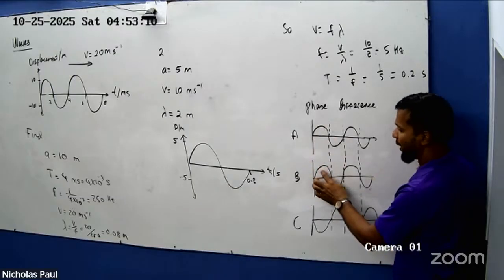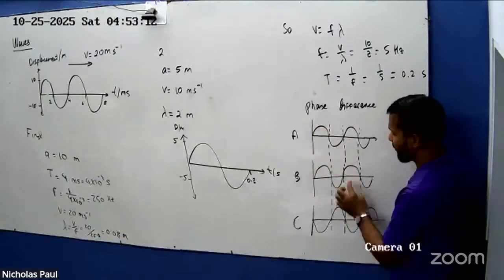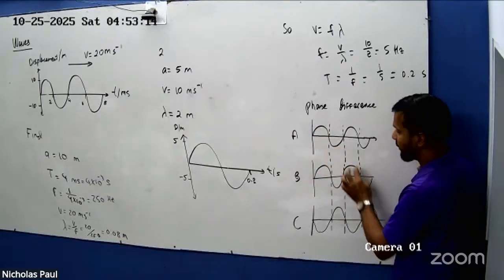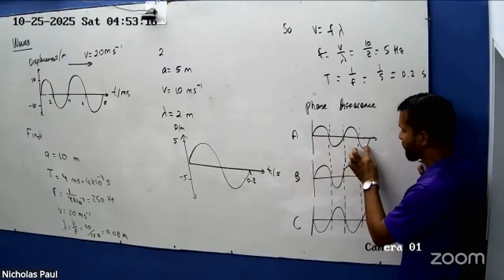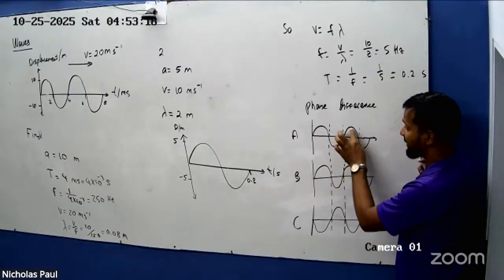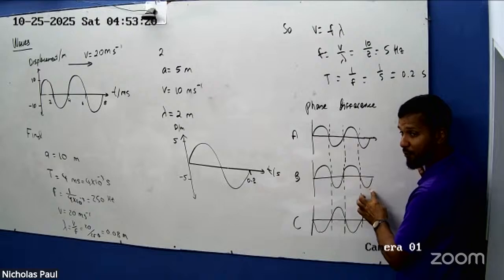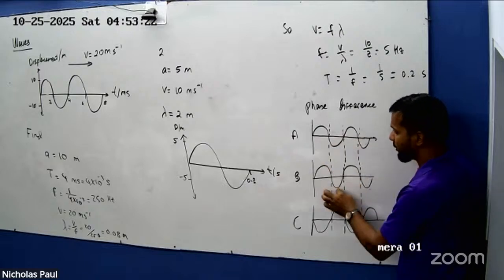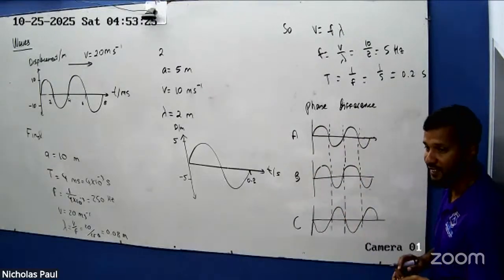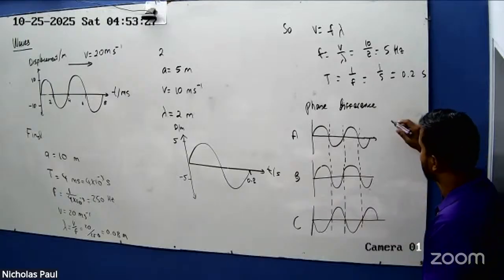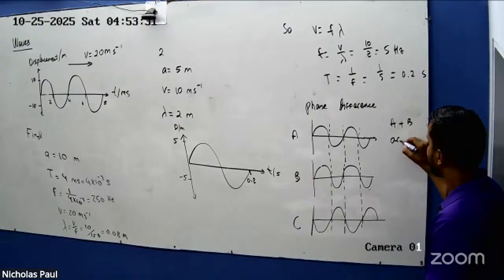Whenever crest and crest line up, trough and trough line up, those waves are said to be in phase. So A and B are in phase.